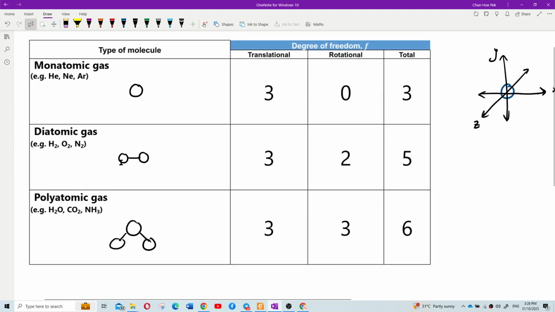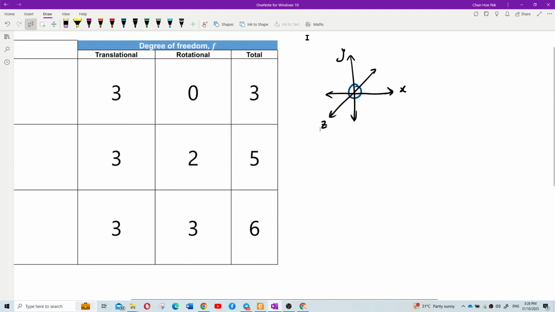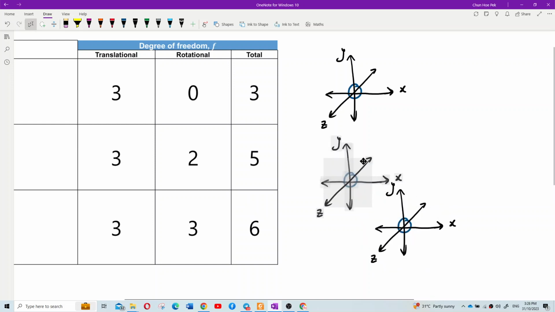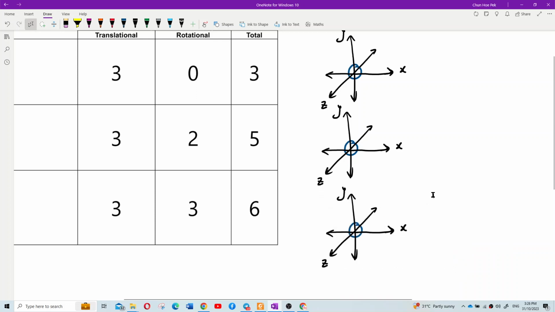Okay, same goes for diatomic and polyatomic. No matter whether it's monoatomic, diatomic, or polyatomic, they can all move left, right, up, down, forward, backward.